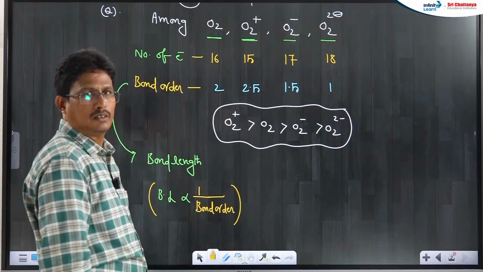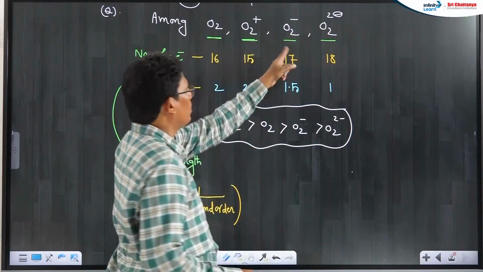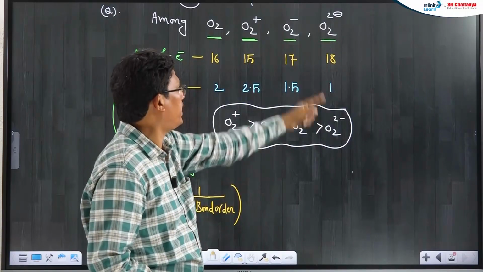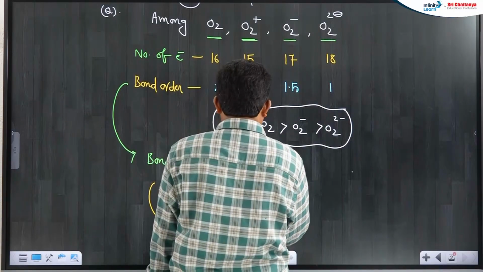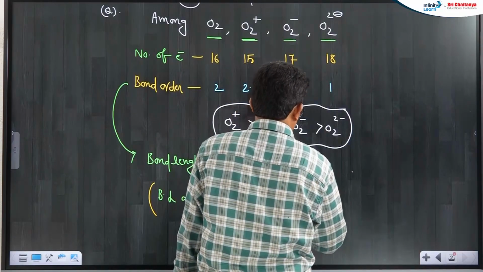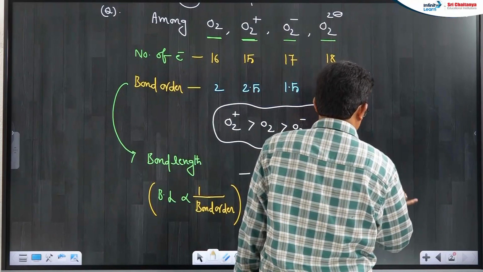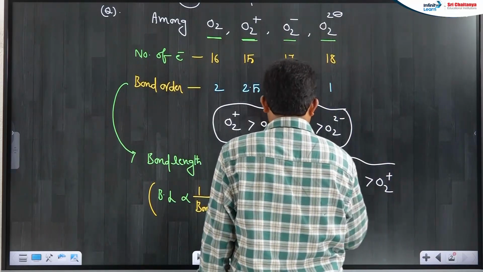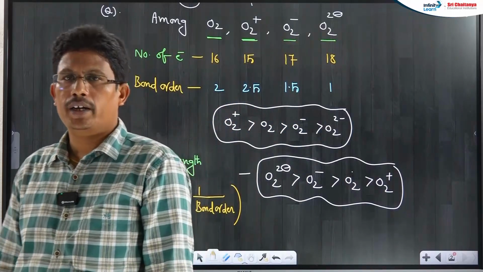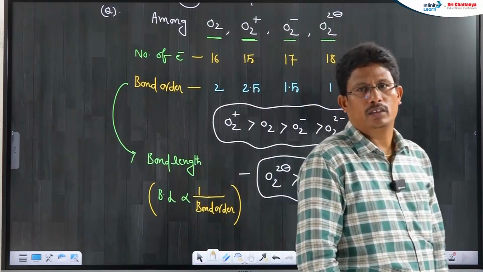By applying this, O2 2 minus has the lowest bond order, that's why it has the longest bond length. Reverse order: O2 2 minus greater than O2 minus greater than O2 greater than O2 plus. It is also one of the important models related to bond order and bond length.